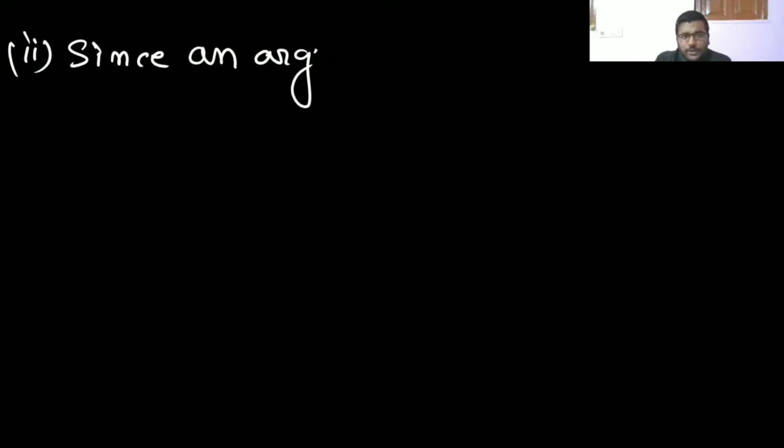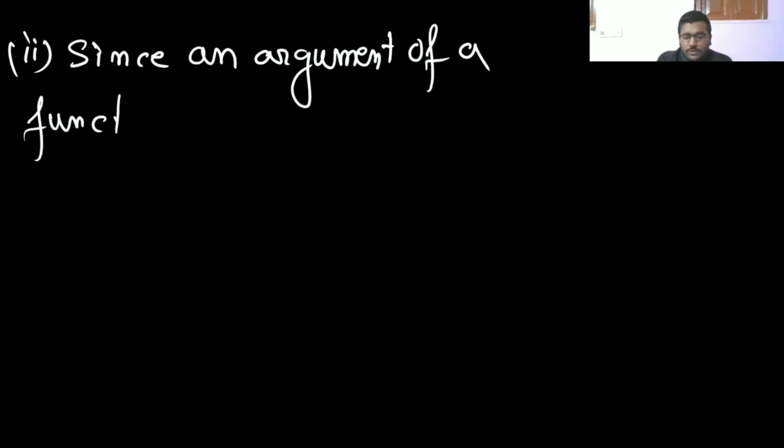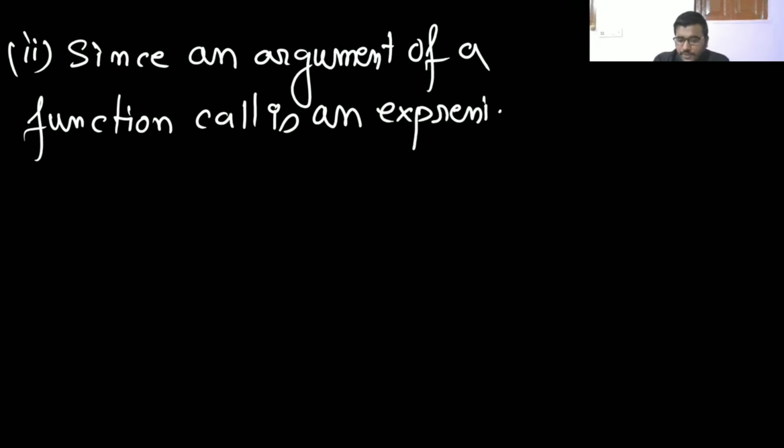The next point you write: since an argument of a function call is an expression, it is going to be an expression also. I have told you the definition of expression. So the argument of a function call is an expression, so you can even do the typecasting of that.